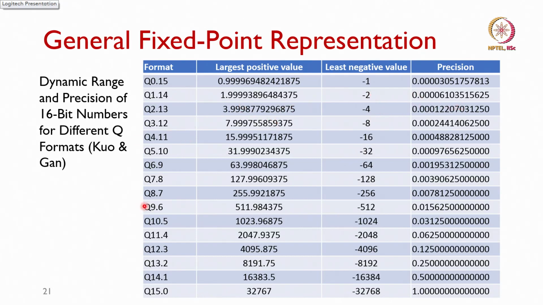But if I do not want to represent any fractional number and want it as an integer, then I will call it Q15.0, where 15 bits represent the integer. The value I will be representing is 32767 to minus 32768. So the precision in this case is going to be 1.00. So, it depends on what precision you want for your application. Based on it you will choose your number system.